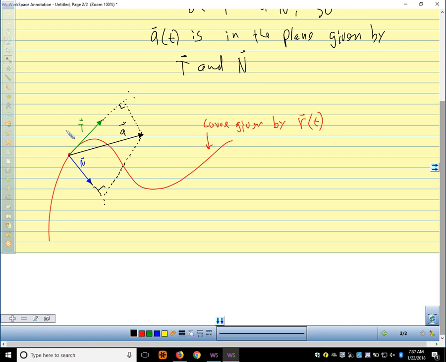Well, remember that t and n are unit vectors, so that length is a dot t, and this length is a dot n.